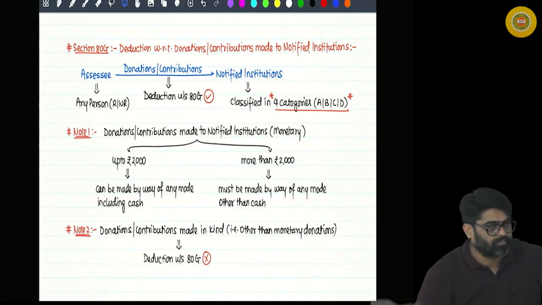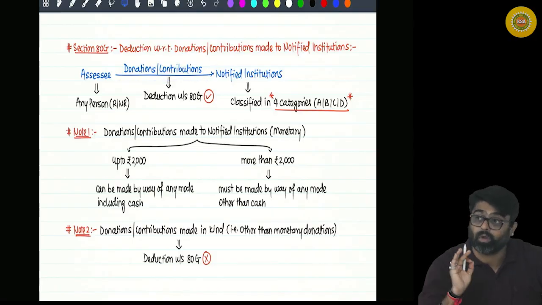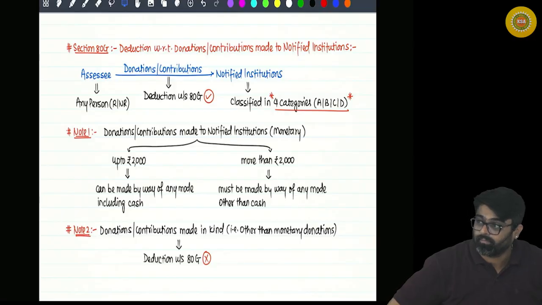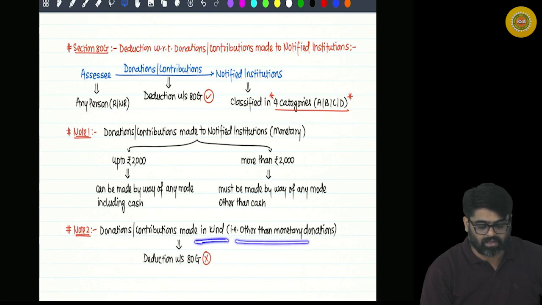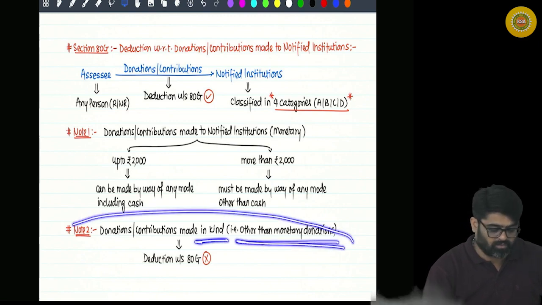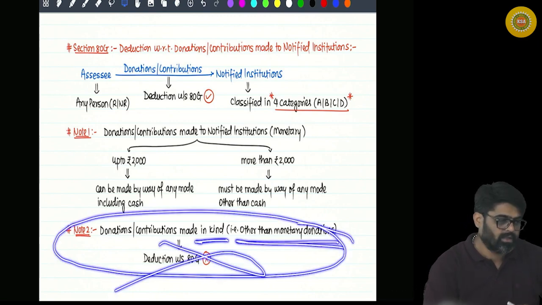But wait, remember the donations must be monetary donations. Any donation made in kind, that is other than monetary donation, will not be eligible as a deduction under 80G.